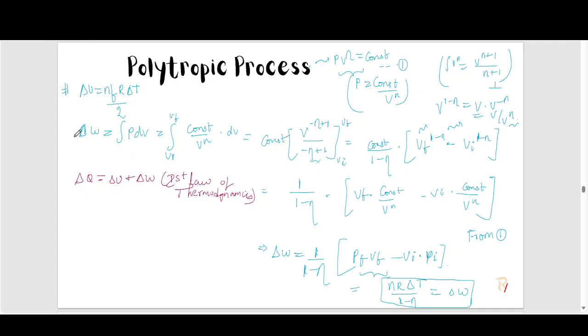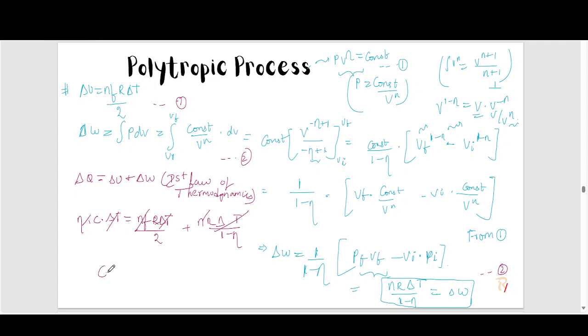Substituting all these values 1 and 2, we get nC delta T equals nfR delta T upon 2 plus nR delta T upon 1 minus n. The n delta T will be cancelled.